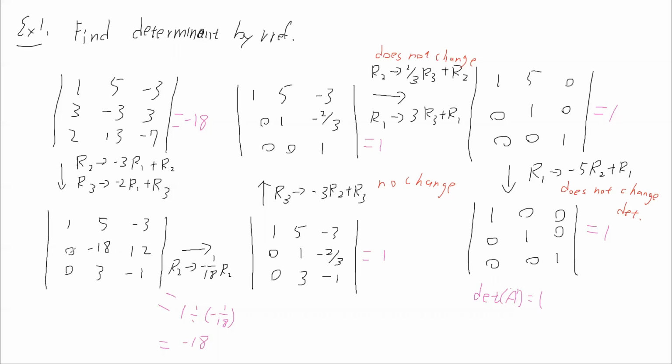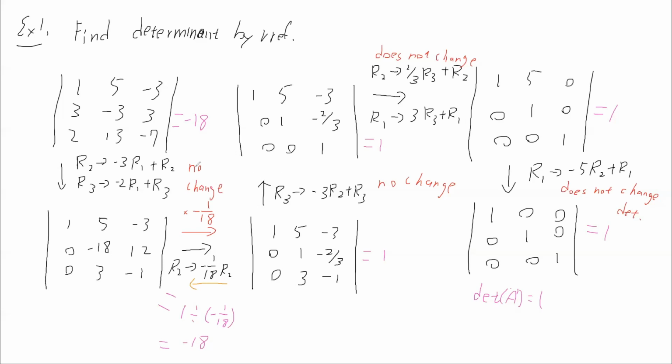To go from here to here, in this direction, we have to multiply the determinant by -1/18. But we're going the other way, so we're going to do the opposite of multiplying by -1/18, which is dividing by -1/18. And then of course back into here, it still does not change the determinant. No change.